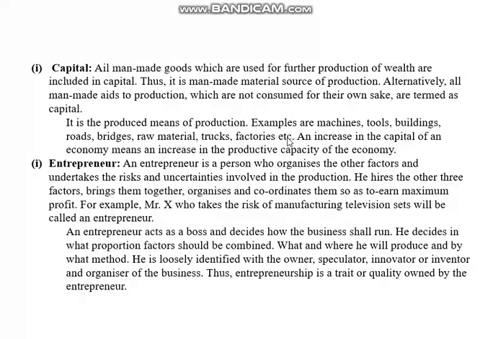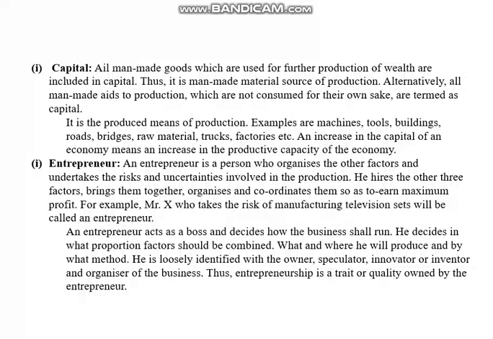Raw material, trucks, factories, etc. all are made by man, so they all fall under capital. And again, these are not becoming part of the product. They are more like being used on a rental basis. An increase in the capital of an economy means an increase in the productive capacity of the economy.